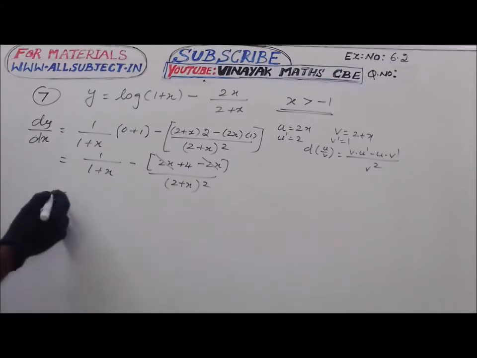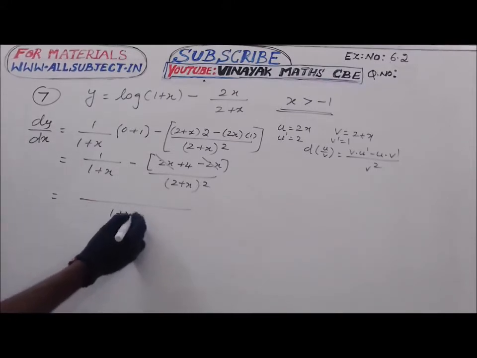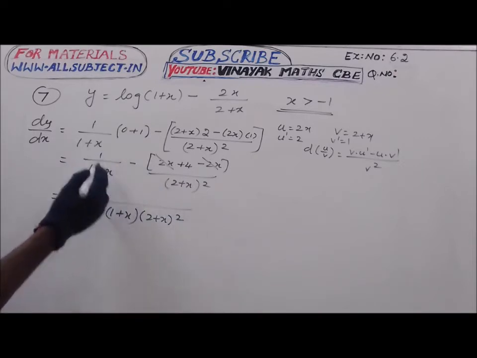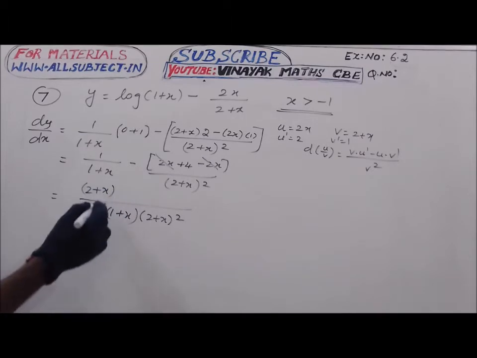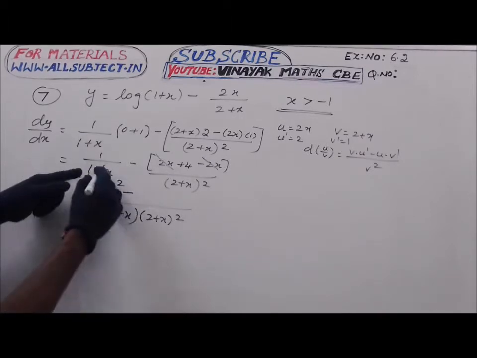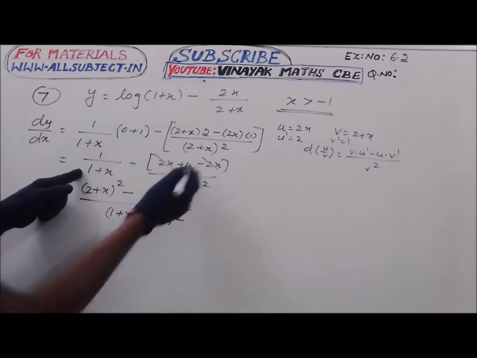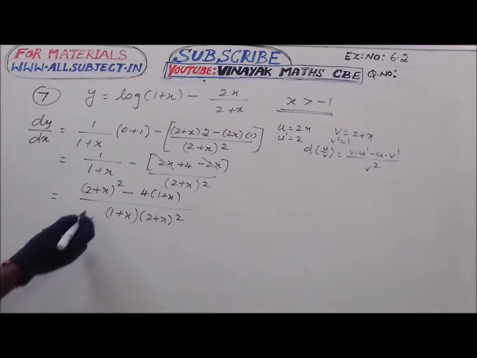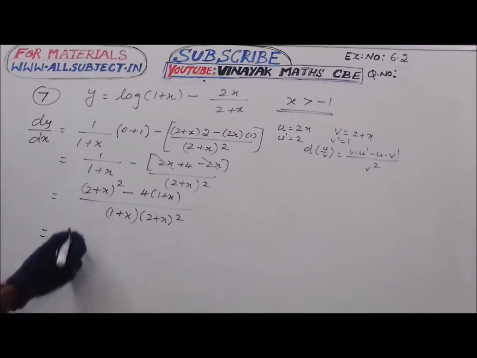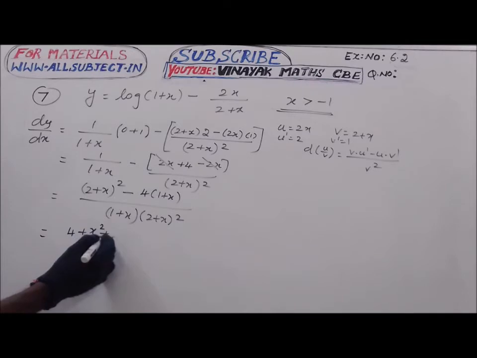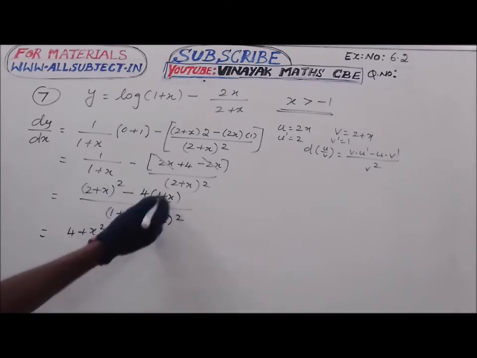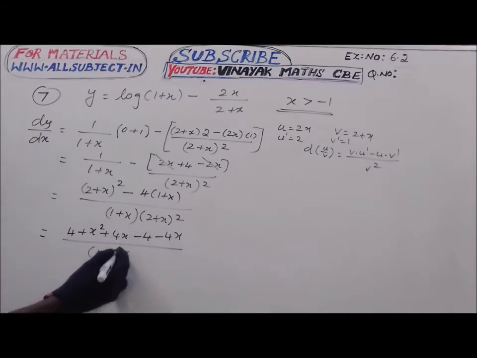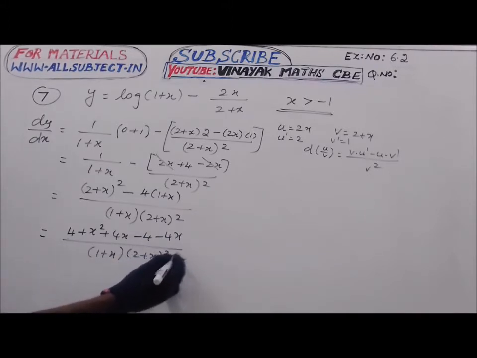Then taking LCM, 1 plus x into 2 plus x whole square, then multiplying 2 plus x whole square to the numerator of the left side, this term 2 plus x whole square minus, cross multiplying, 4 into 1 plus x. Expanding this, we get 4 plus x square plus 4x, then multiply inside minus 4 minus 4x, divided by 1 plus x into 2 plus x whole square.